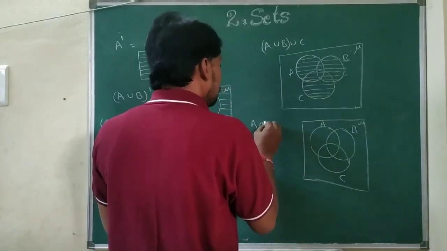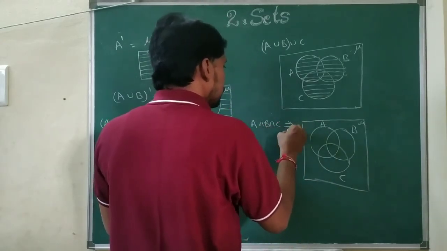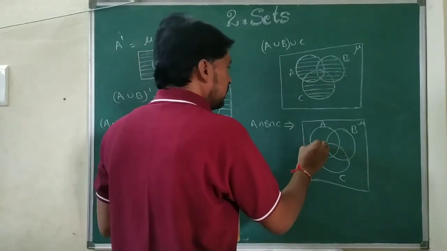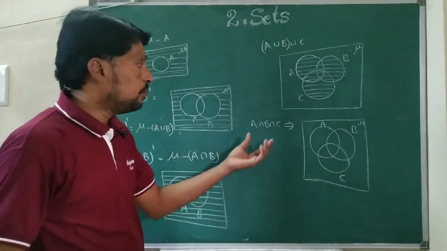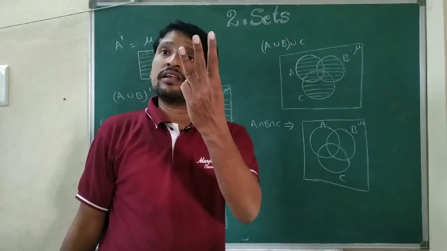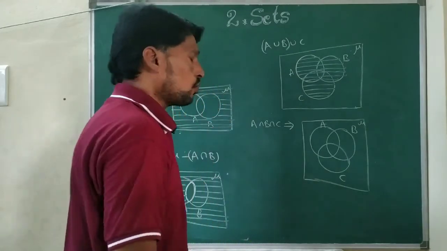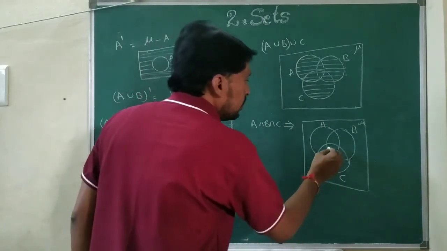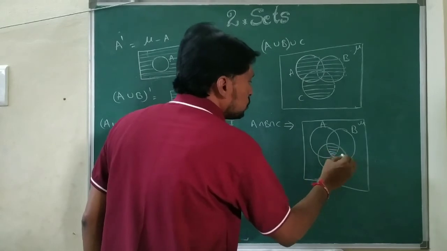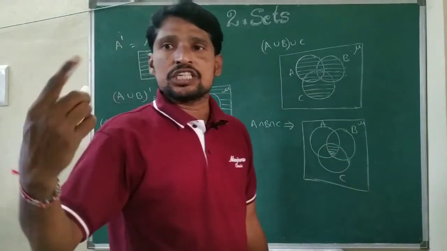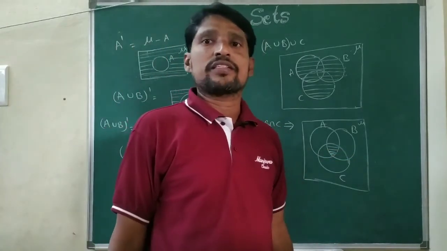A intersection B intersection C means the elements common to these three sets we need to write. So where is the common region? This is the common region. This one we should write, that is A intersection B intersection C.